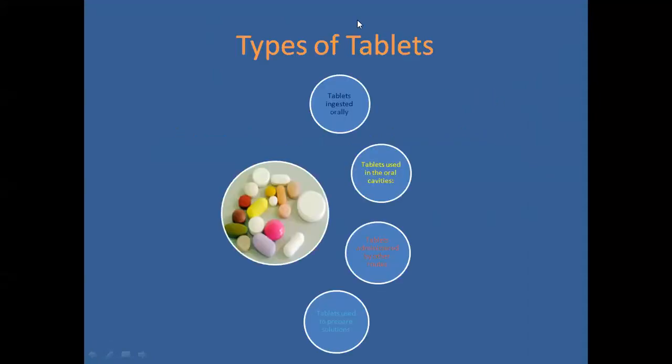Okay, so today we are going to see the various types of tablet under the heading classification of tablets. Now tablets can be of various types. They are classified majorly into the following types, such as tablets which are taken by oral route.